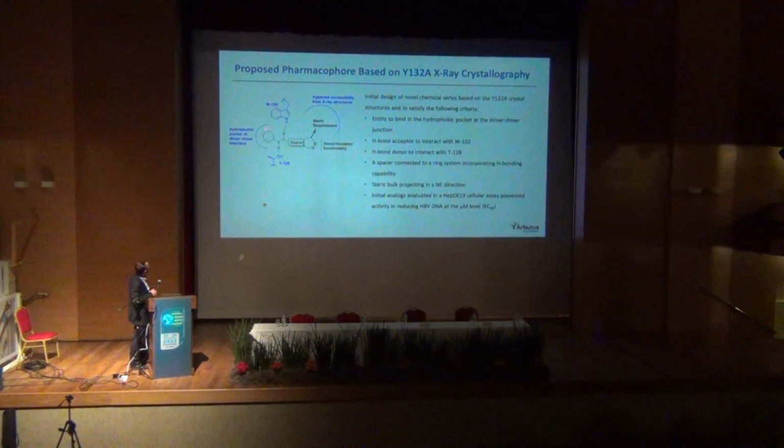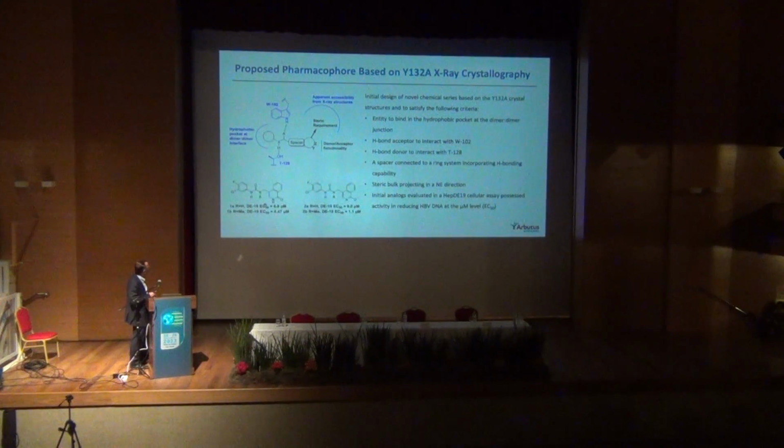It showed this hydrophobic binding cleft. It had the hydrogen bonding interactions we needed at T128 and W105. It had this spacer that led to another unit that would require a steric piece that would bind in another pocket here, and some hydrogen atom donor receptor functionality.